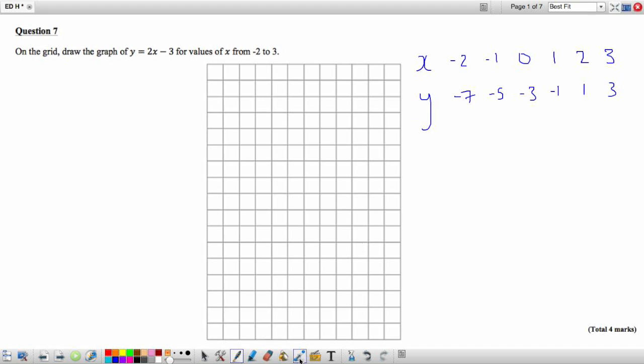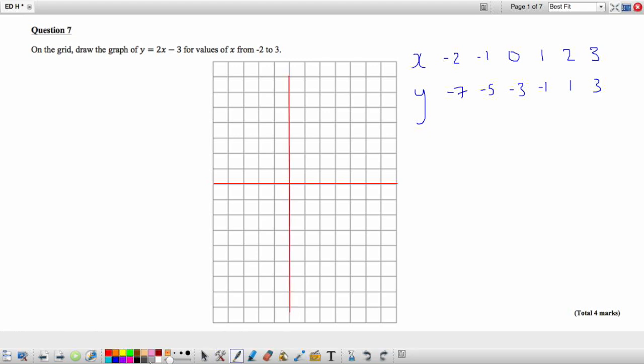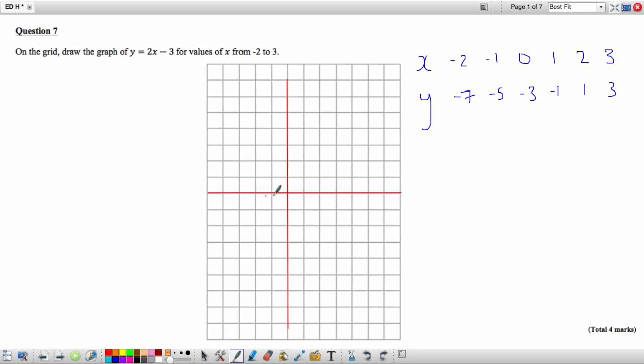So taking your ruler now, you need to draw suitable axes. So if we have our x-axis across here, and our y-axis here vertically. Taking your pen now, labelling 0 here in the centre, and we can go in twos, 1, 2, 3, -1, -2 for the x-axis.